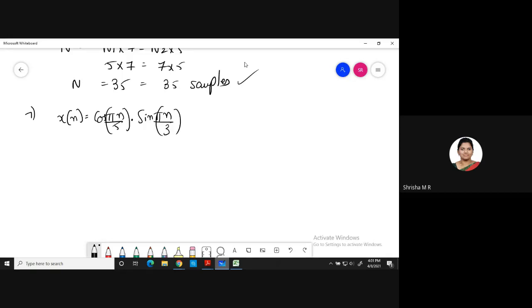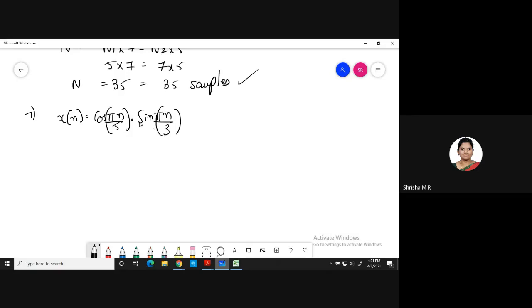You have x of n as a discrete time signal. It's a product of two signals, right? It's a product of cos and sine, so it is of the form cos A sin B. Correct? So you have to get it in the form of addition of two signals.